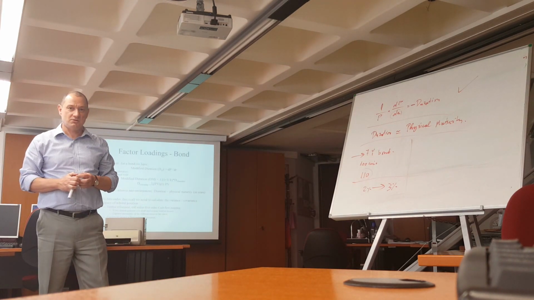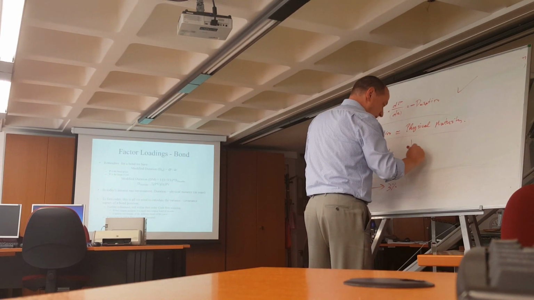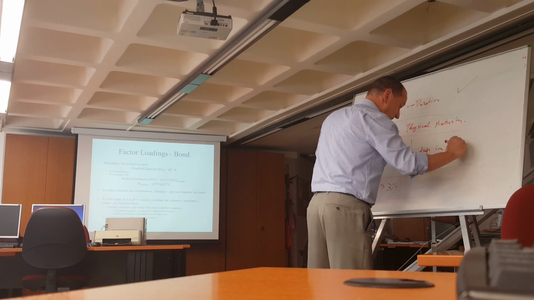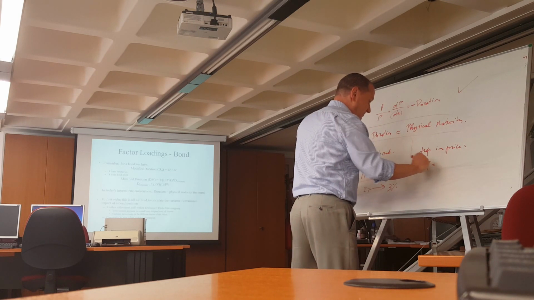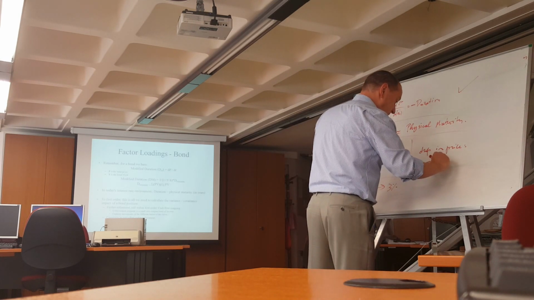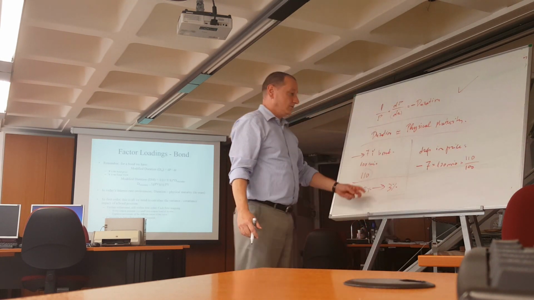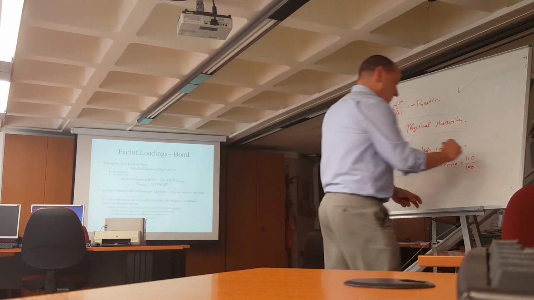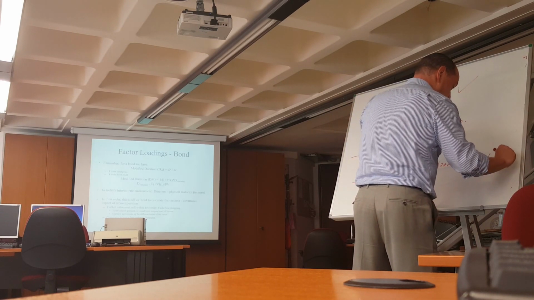So our drop in price is going to be minus 7 times 100 million times 110 over 100, because we said that the bond has a price of 110, times 3% minus 2%.